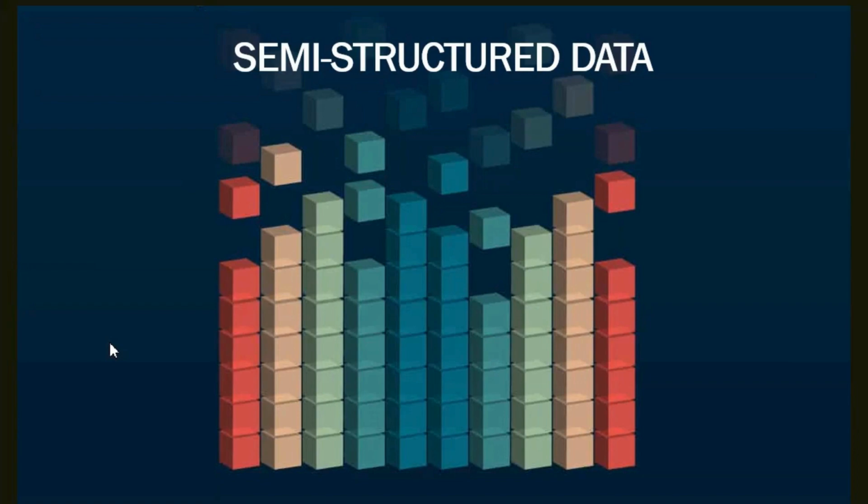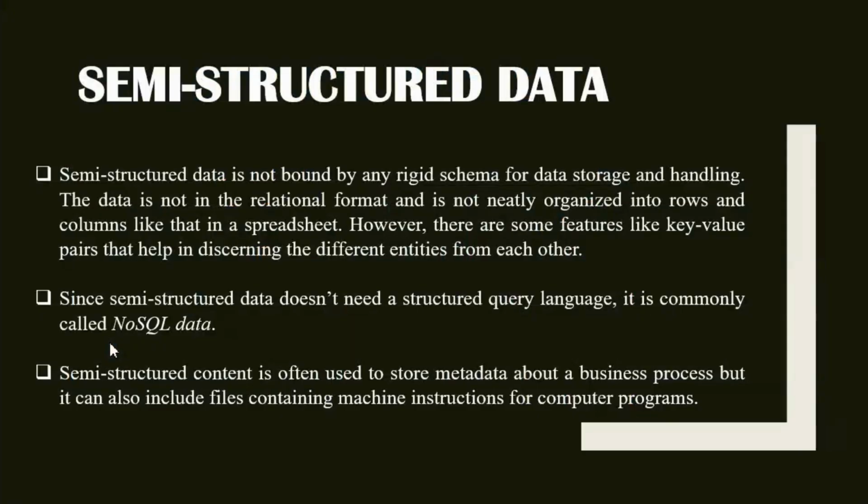Now, what is semi-structured data? Semi-structured data is not bound to any rigid schema of data storage or handling. So, like unstructured data, it is not bounded. But this data is not in relational format and is not neatly organized into rows.